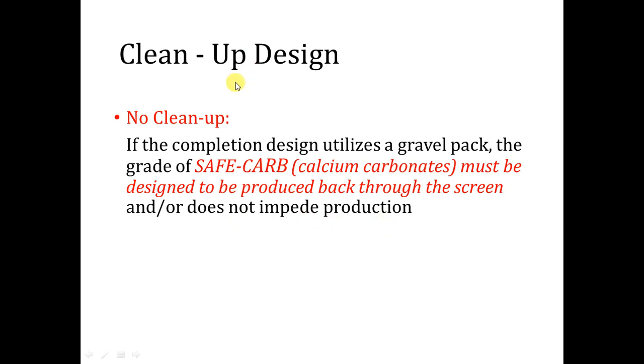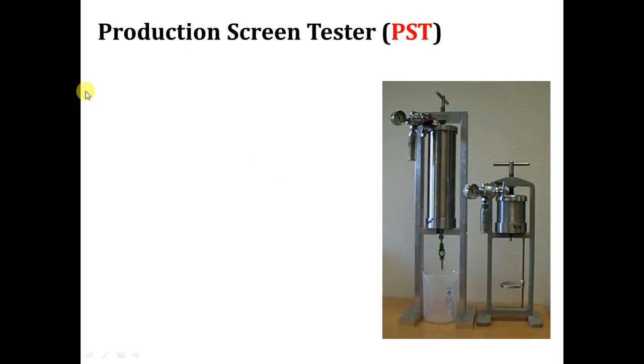Okay, so until now, we need to know the test to check for them. What is the test? It's called the Production Screen Tester, or PST. What is the PST? It's a very important and very simple test. As you see, this is the cell of the test, and this is a bottle with 100 psi.